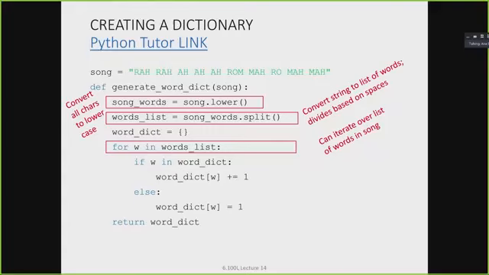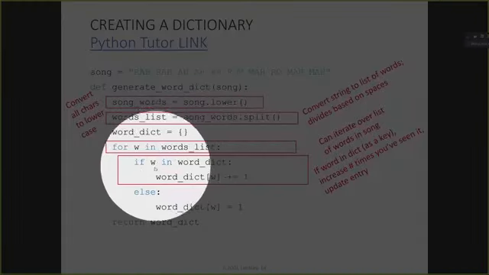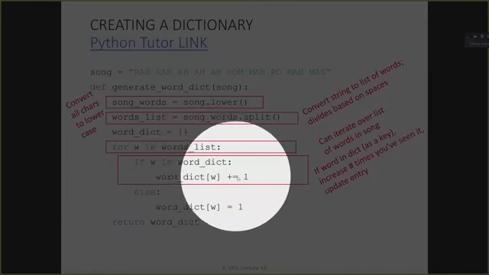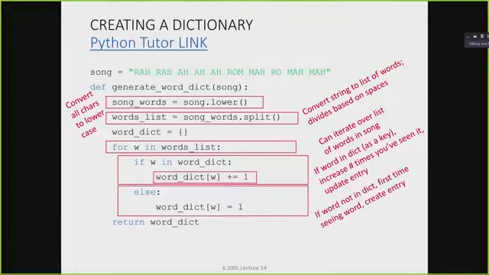Or this is the first time I'm seeing this word, and I want to add it to my dictionary with a frequency of 1. So the first case here, the if, will update the frequency, because I've already seen the word in my dictionary. So here I'm using the in keyword to check if the key, the word, is already in my dictionary. If so, I increase its frequency by 1. Otherwise, this is the first time I'm adding my word to my dictionary, so give it a frequency of 1.